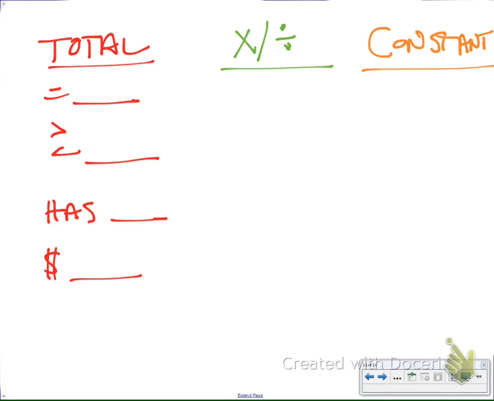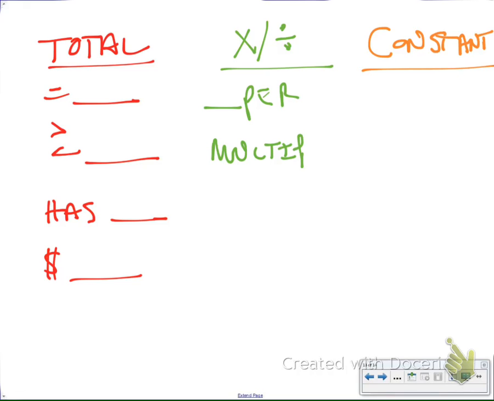Next, we have what's being multiplied or divided. Most often, you're going to see this say like something per week or something per hour or something per number. And this is going to be in your scenario what you're going to have multiple of.